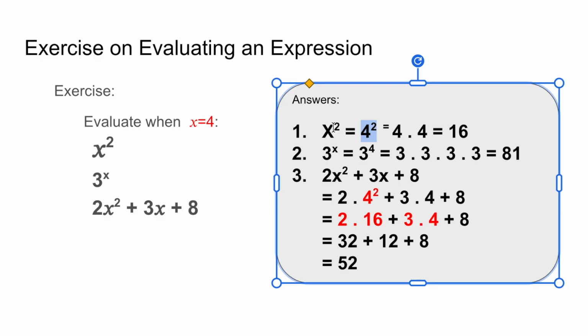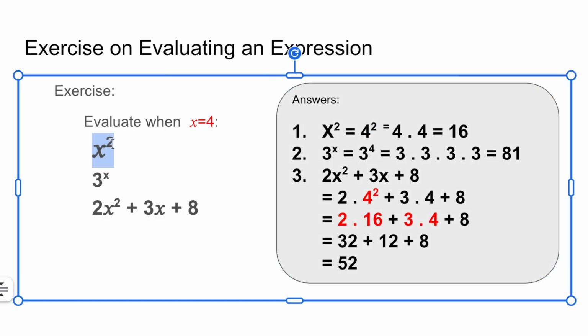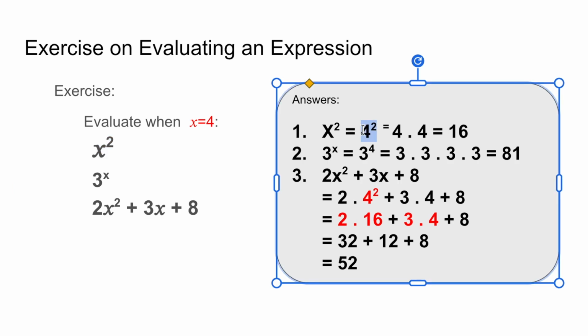X square becomes 4 square because we have replaced x with 4. 4 square is nothing but 4 times 4, which is 16. So when we see an expression like this, 4 square, it means it is 16.